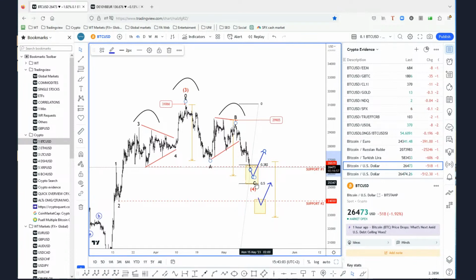If you are more of an intraday trader, you want to see maybe 5 waves up back above the previous swing high, the latest one being around 28,000. So if you see 5 waves up, this level broken, and then stable price action, not just an hour of reaction to the upside then to the downside, but stable price action, then of course you may be looking for potential opportunities on the long side.